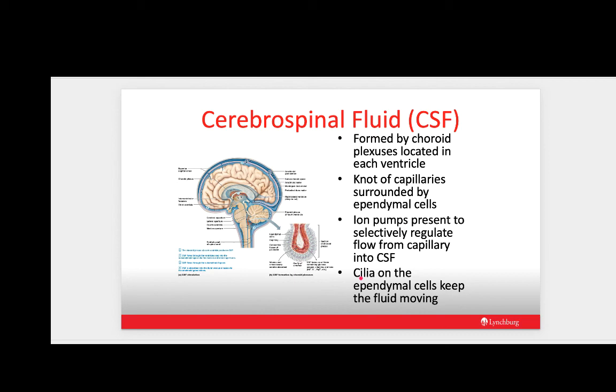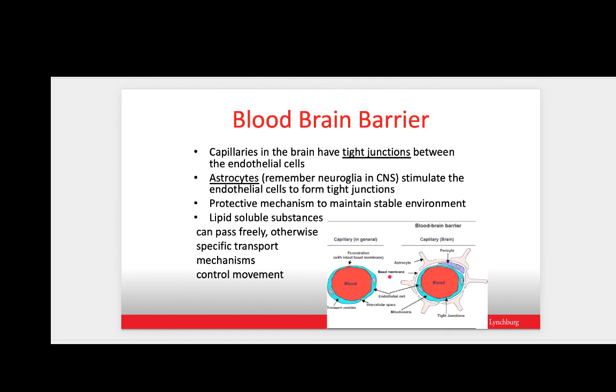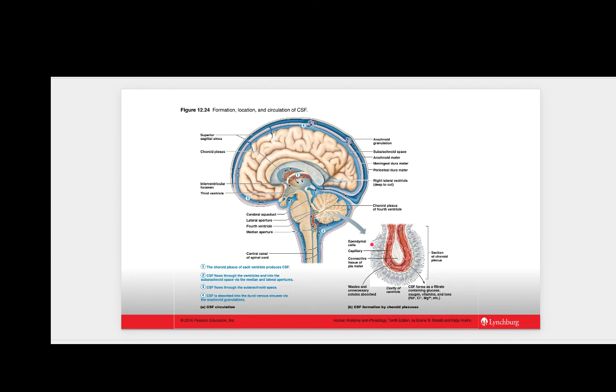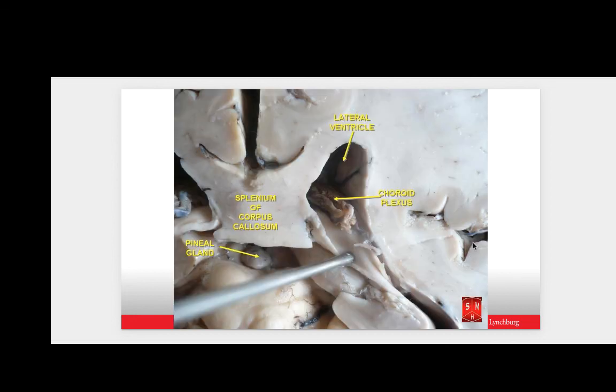And then there are also cilia on the ependymal cells, which I think that we saw here. You can see there's cilia lining the ventricles, which is able to help cerebrospinal fluid flow from one area to the next. So that's what we see as well.